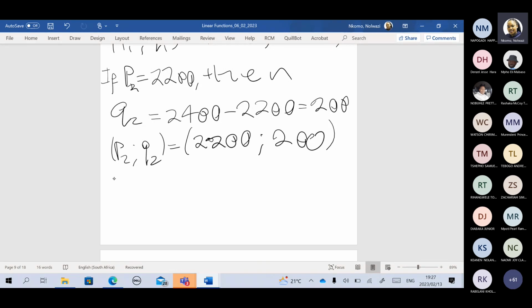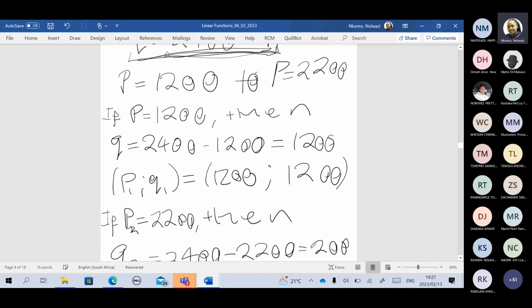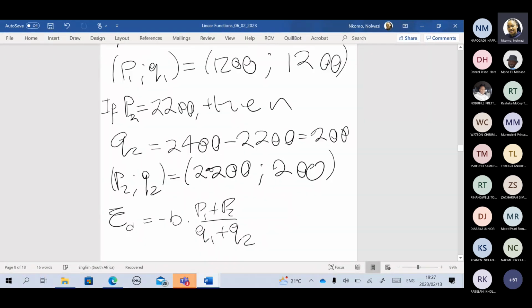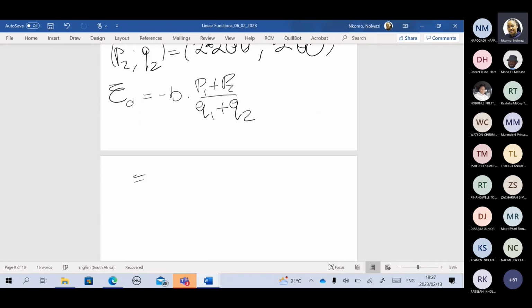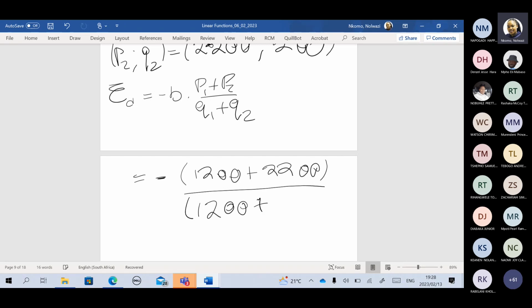So we have the arc price elasticity of demand as E equals minus B times P1 plus P2 over Q1 plus Q2. We said our B is minus 1, so we'll have minus minus 1 times our P1, 1,200, plus our P2, 2,200, over our Q1, which we said is 1,200, plus our Q2, which is 200.